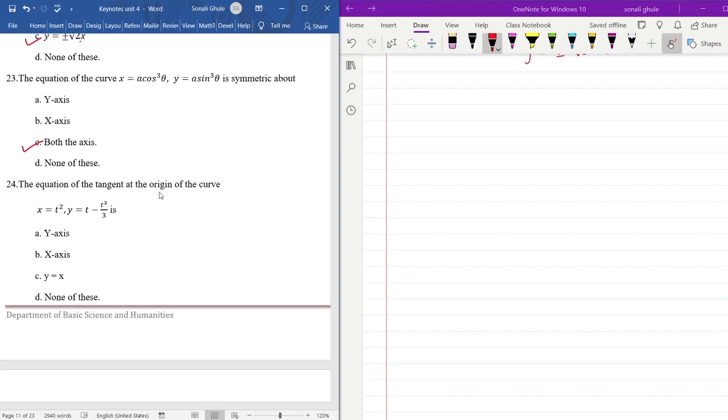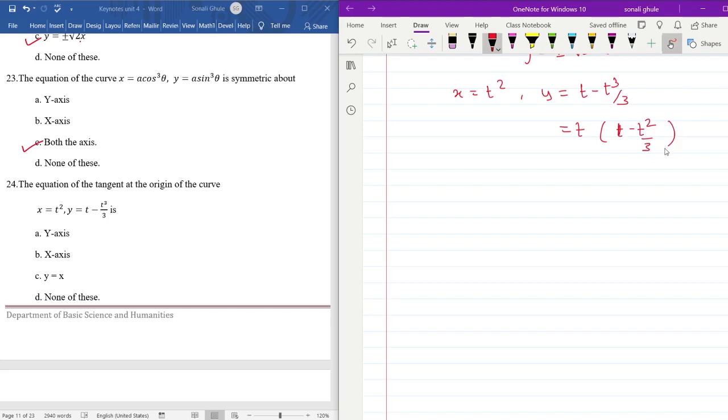The equation of the tangent at origin of the curve. This equation you can solve by using the Cartesian form. X is given to you t square. Y is given to you t minus t cube by 3. So if we find here t common, remaining is 1 minus t square by 3.